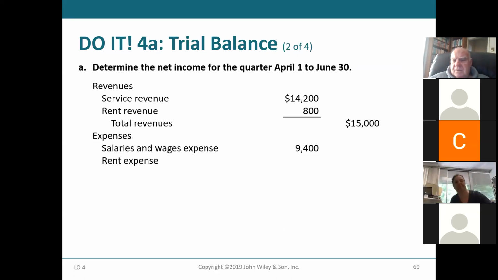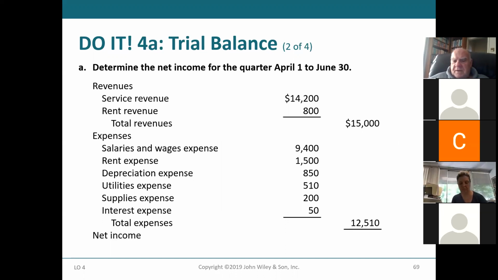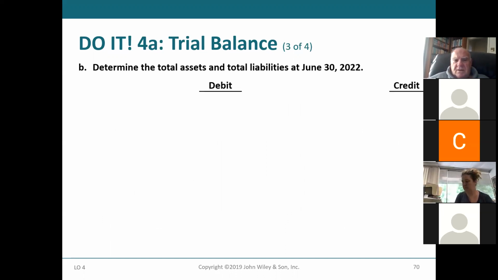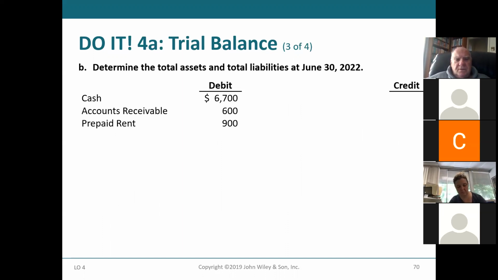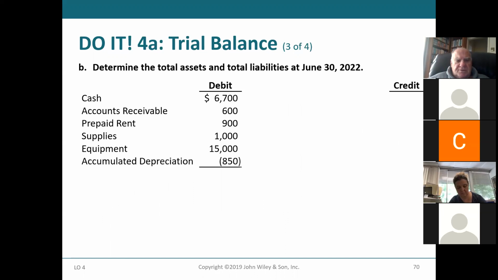So we went through the income statement. Hopefully the income statement is not too tough. Now the total assets: cash, accounts receivable, prepaid rent, supplies, equipment. Let's see if there was any accumulated depreciation. And there was. Notice that goes in as a negative number because that decreases your assets.